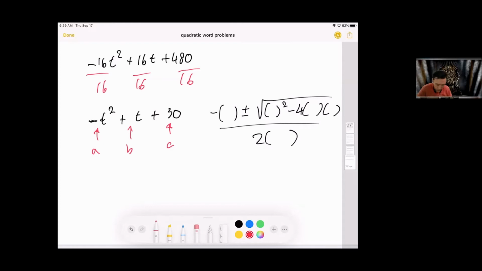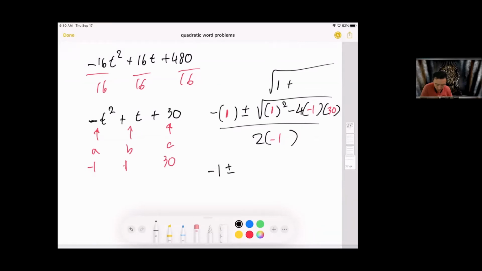All right, I'm gonna slowly start filling it in. So hopefully you fill that in just as I did. -1 plus or minus, and let's see what we get here.